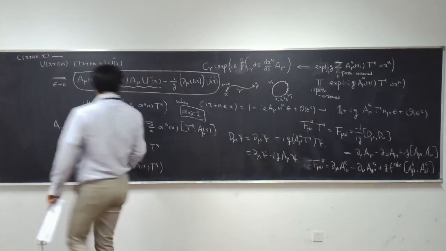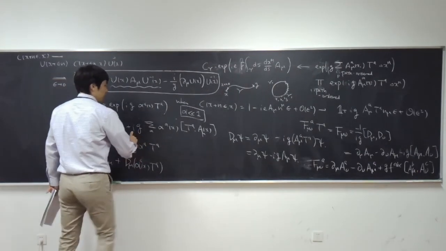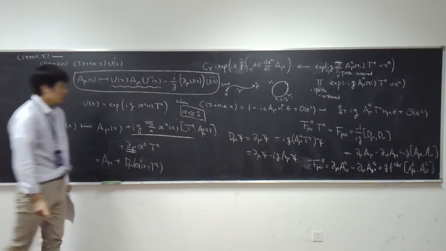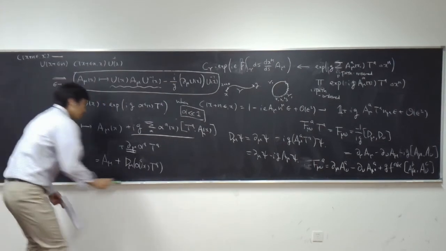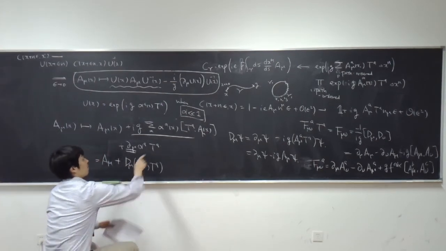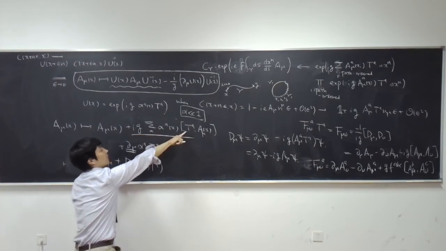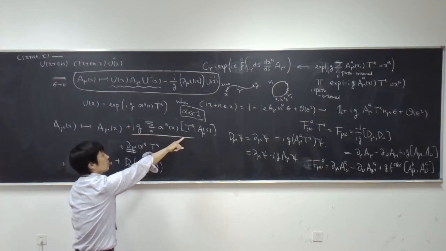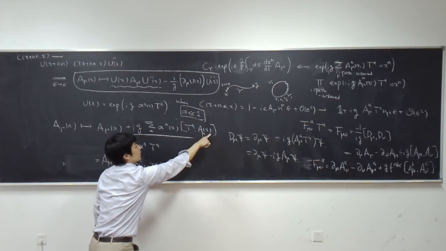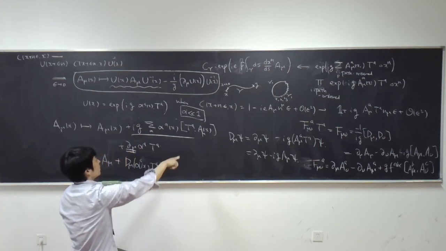So you can have just the partial derivative, and this one can be understood as this covariant derivative. But this D_mu has to be careful. This acts under the adjoint representation. Okay, so this is the commutator.